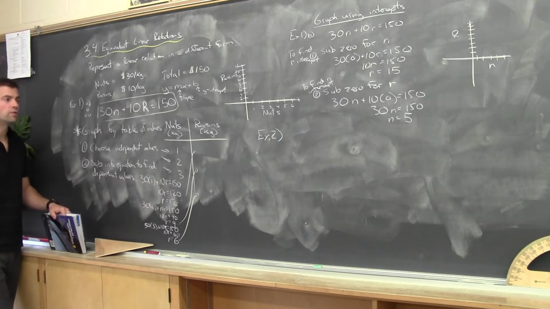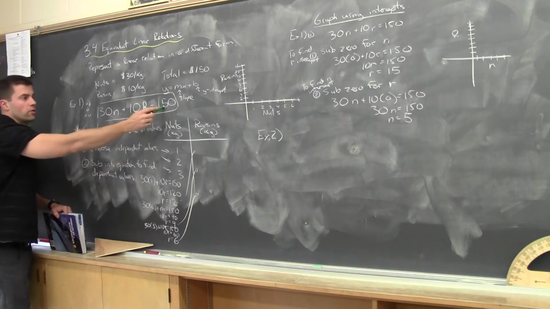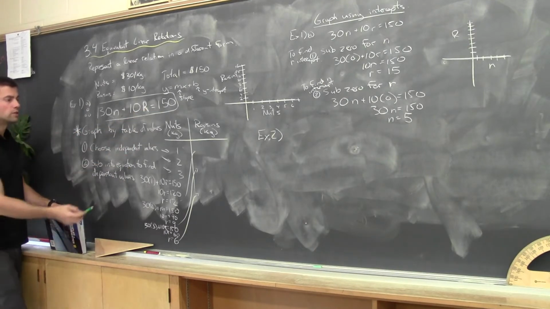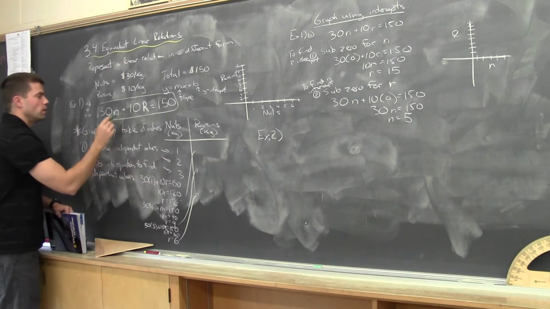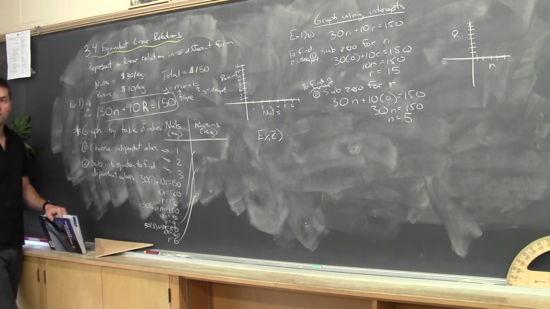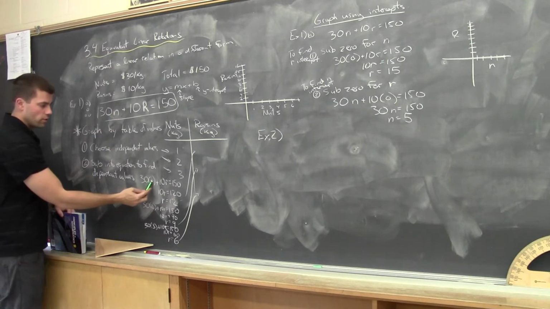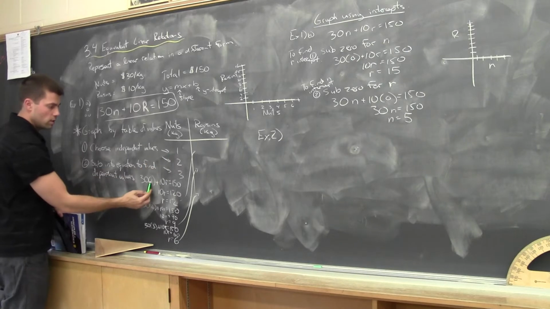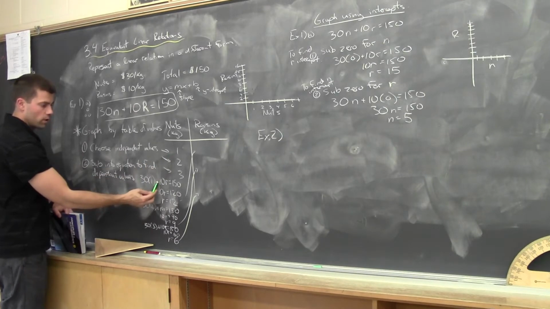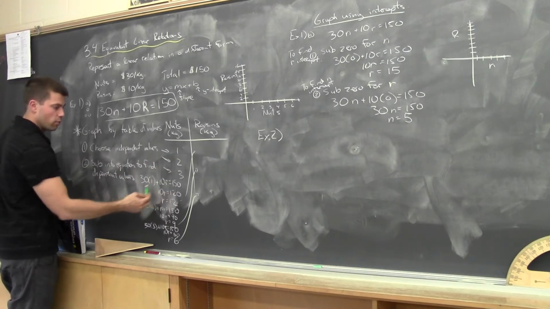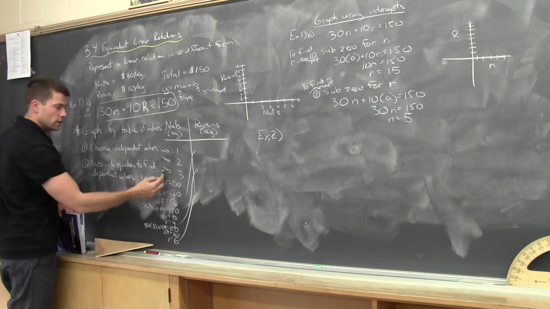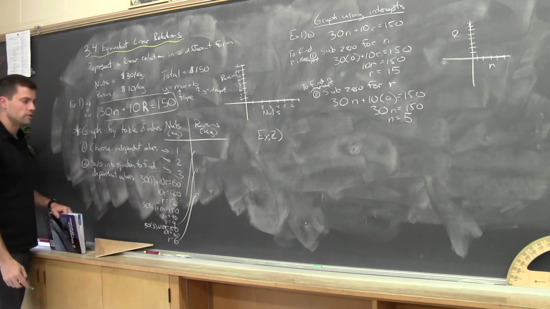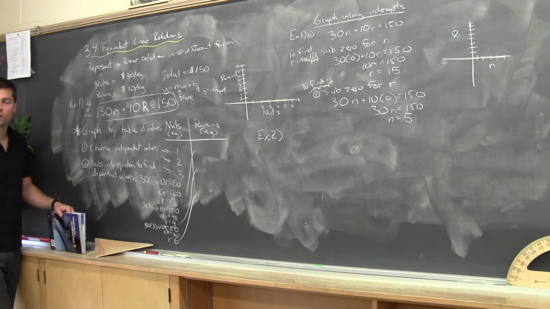Now to find the corresponding values of raisins that we need to purchase in order to make a total of $150, we're going to sub those values of 1, 2, and 3 in for N. So that's what I'm doing here. Wherever there's N, I'm going to sub in 1. So 30 times 1 plus 10 times R is equal to 150. So now I rearrange this. This 30 comes over to the other side. So 150 minus 30 is 120.